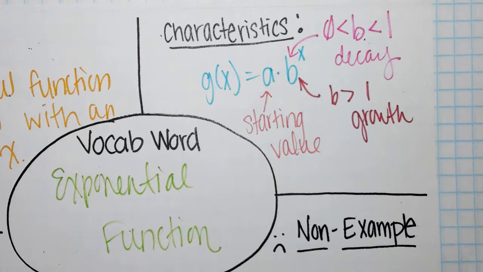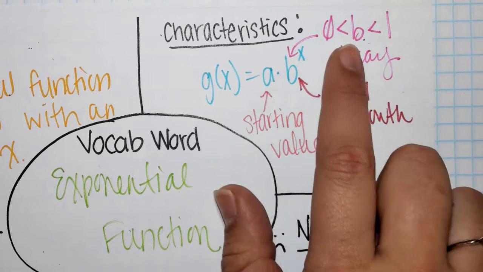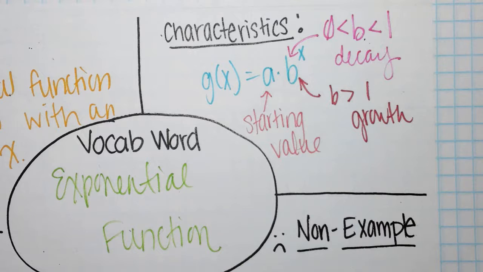All right. Questions so far? Are we ready? Oh my sweet potatoes. Y'all got to get it together. Never mind. B is greater than 0, but less than 1. Your hair looks different.